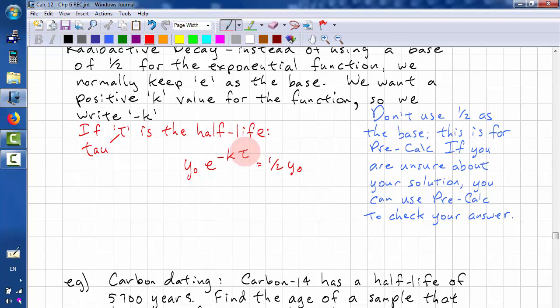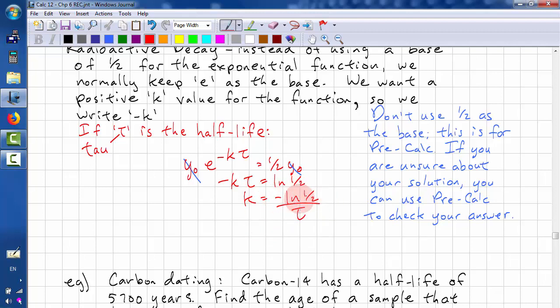So the tau is like a t, but this part never goes above the horizontal line. Okay, so we can cancel out y naught. We can take the ln of both sides. So we have minus k tau equals ln 1/2. Divide both sides by negative tau. k equals minus ln 1/2 over tau.